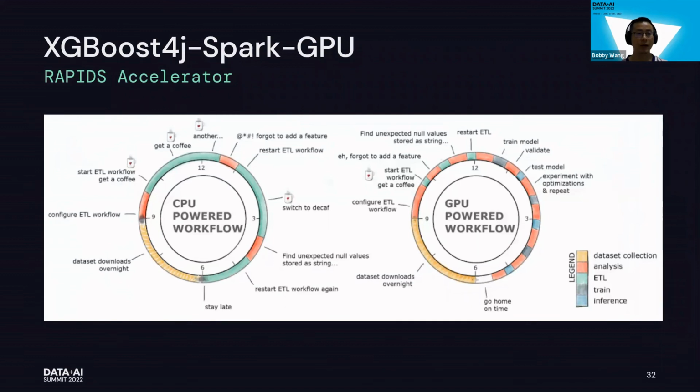So why does XGBoost need the RAPIDS Accelerator? From the machine learning workflow, if you are working on machine learning, you probably know that training the model and doing the prediction is just a small portion of the whole work. Most of the time will be spent on the data preparation because it has not been accelerated by the GPU. While the RAPIDS Accelerator can just speed up this part, so that's the reason.